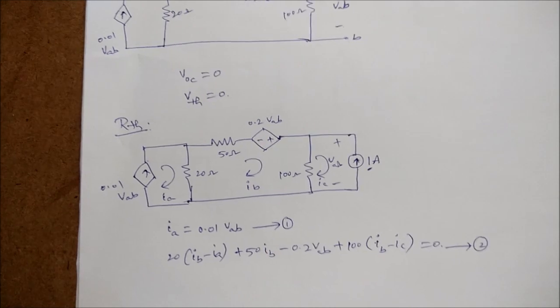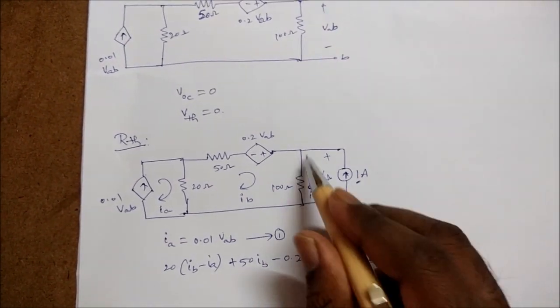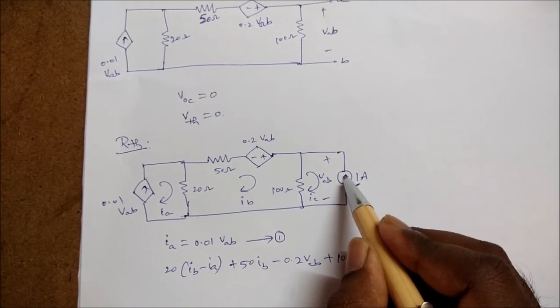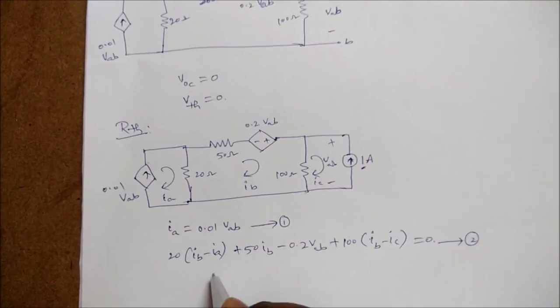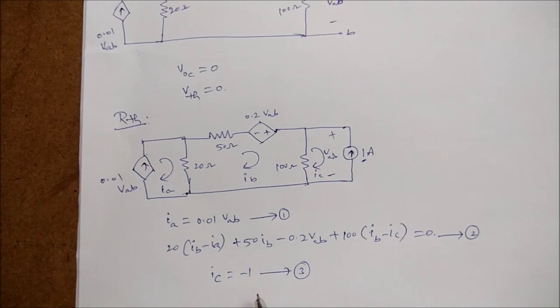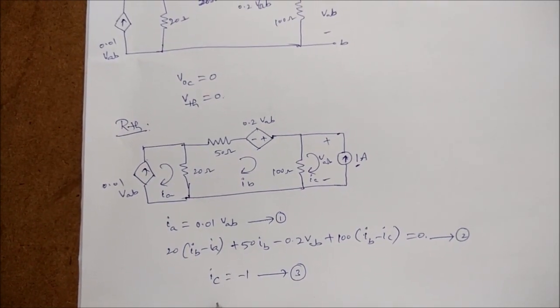Let it be the second equation. In the third equation, for the third loop, 1 ampere current is already flowing, but in the opposite direction of IC. So IC is equal to minus 1 ampere. This is the third equation.